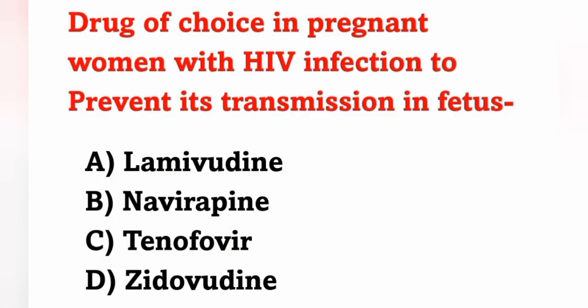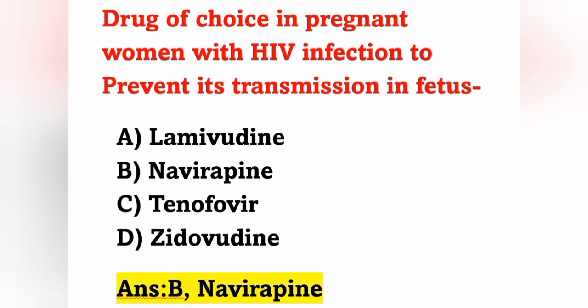The next question, drug of choice in a pregnant woman with HIV infection to prevent its transmission to the fetus. Option A, lamivudine, option B, nevirapine, option C, tenofovir, option D, zidovudine. The correct answer is option B, nevirapine.